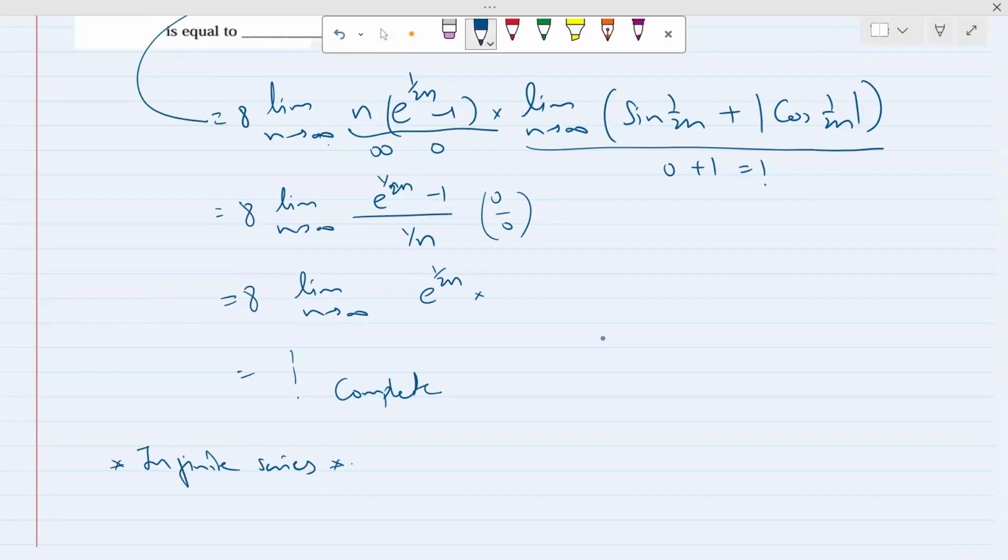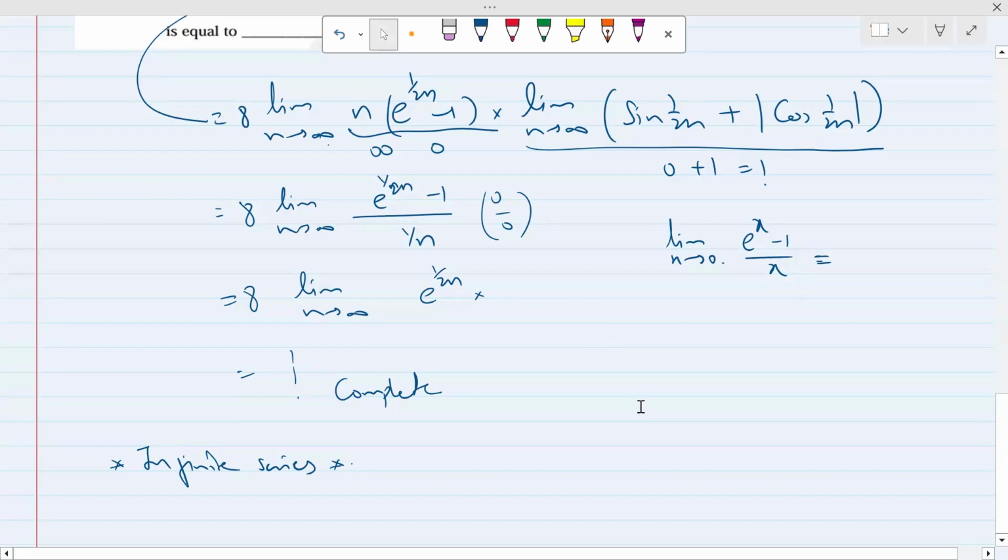If we write 1 by n as 1 by 2n into 2, we can move the 2 into the denominator part, so we can use the formula. Yes, absolutely, you can use that also.